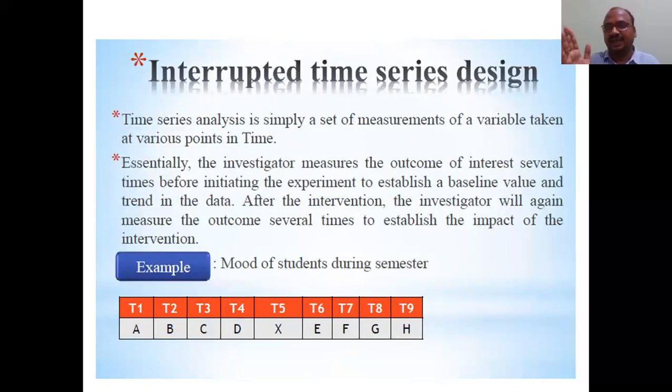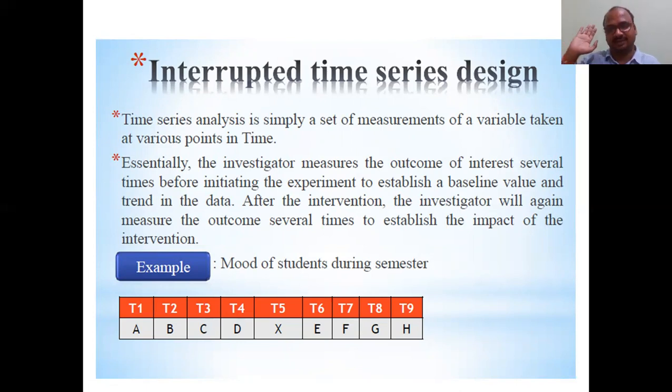Interrupted time series design. Here also, time series analysis is simply a set of measurements of available tasks at various points of time. See here, example: mood of students during the semester. During the semester, it is not possible to maintain one mood. Mood goes on changing, changing, changing.